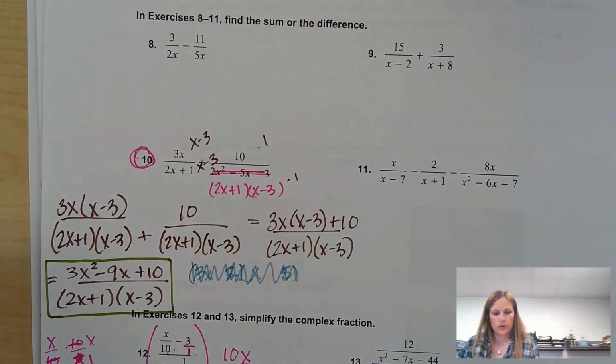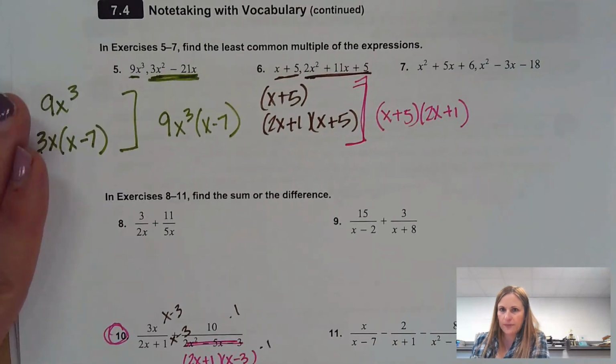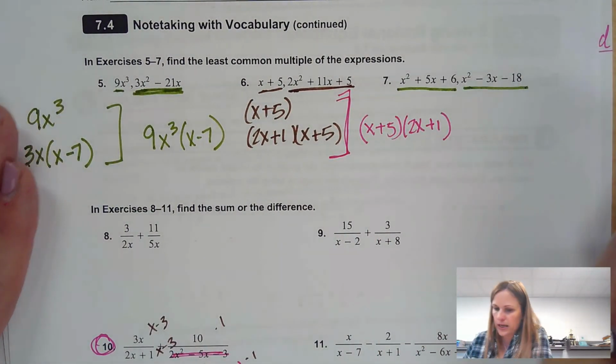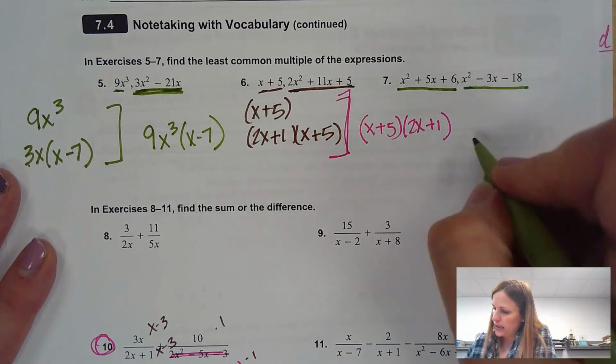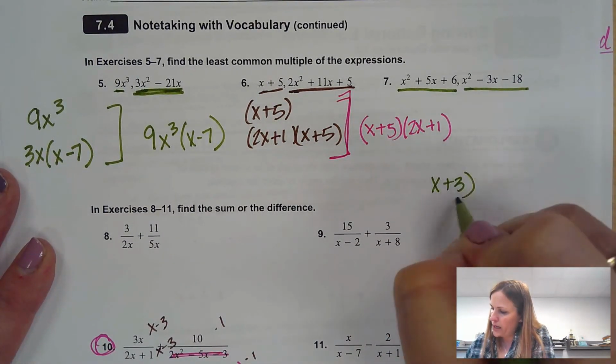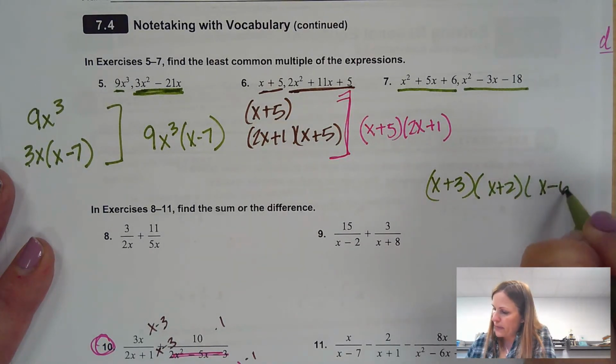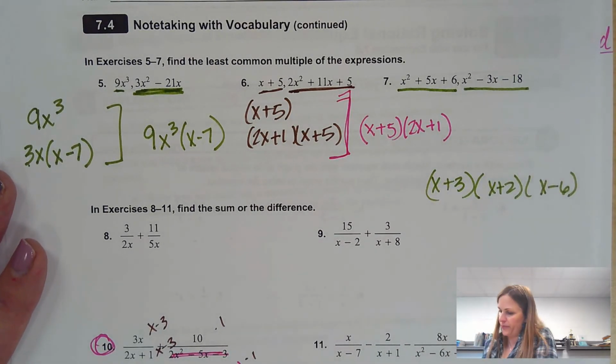Okay, on to page 209. For number 7 at the top, for the common denominator between this and this, I got x plus 3, x plus 2, and x minus 6 would have been my common denominator.